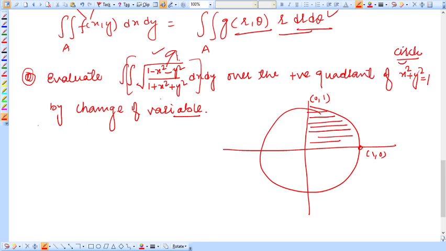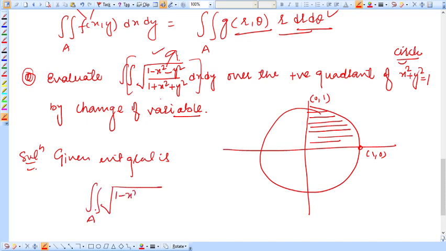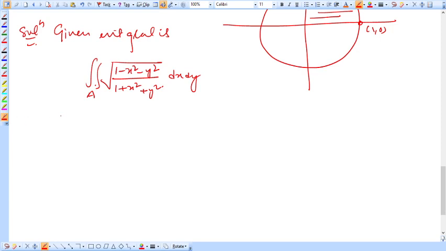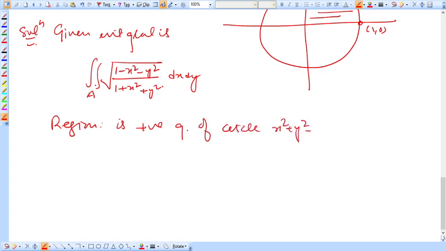You just write first what your given integral is: the integral over the region of root of 1 minus x square minus y square divided by 1 plus x square plus y square, dx dy, and the given region is the positive quadrant of the circle x square plus y square is equal to 1.